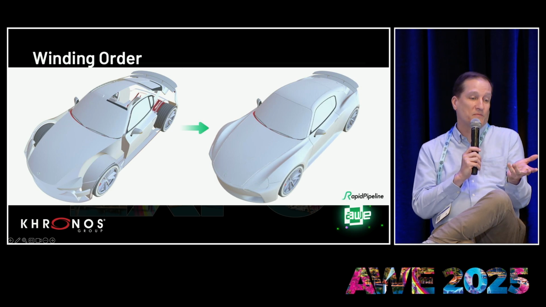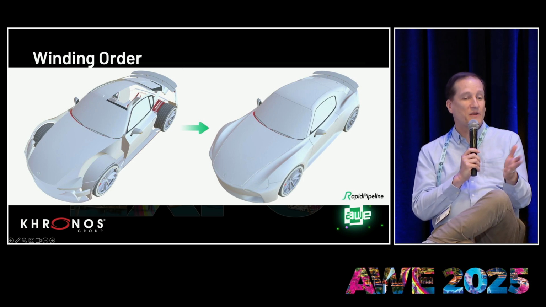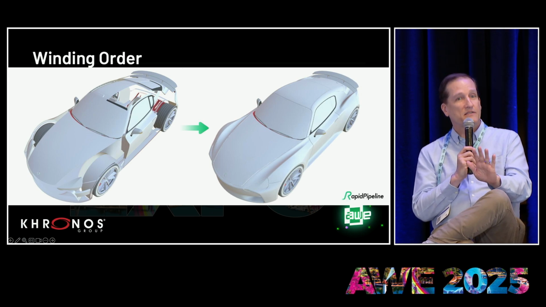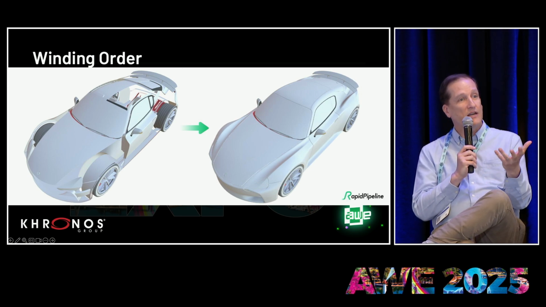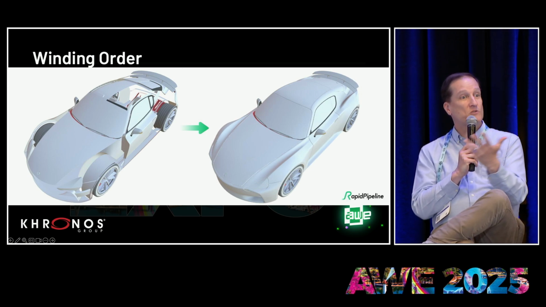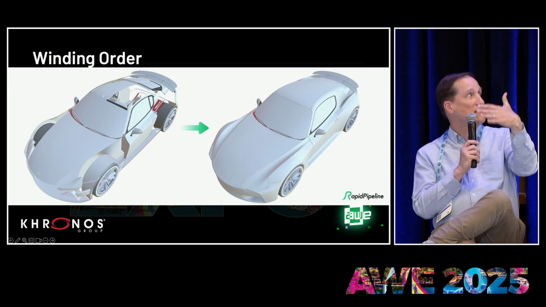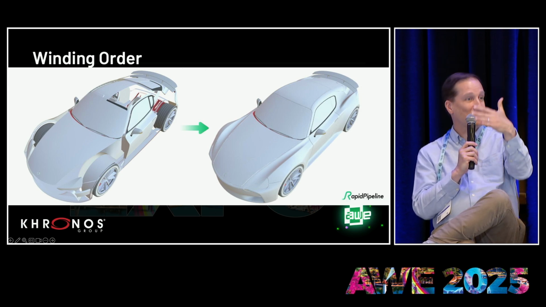And it's a hard problem to solve. It's really difficult, especially if you have transparent parts like the windshields and the glass. Then it has to look inside and see, well, which way are you really facing? If the camera's inside the model and you're looking at the instrumentation panel, then you want to see the other side of the windshield so it doesn't look like it's just not there.